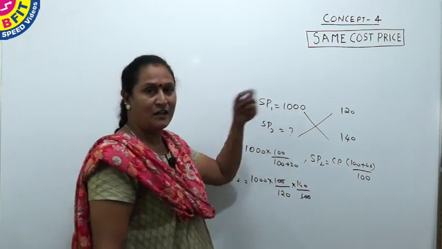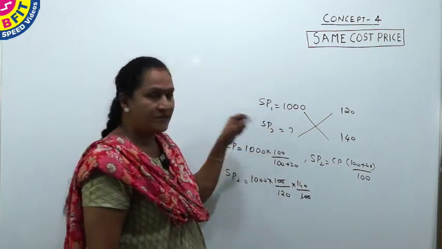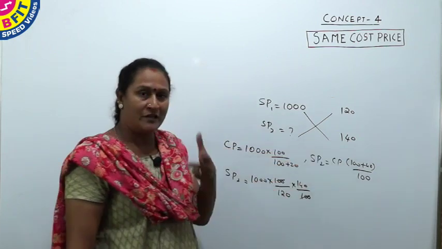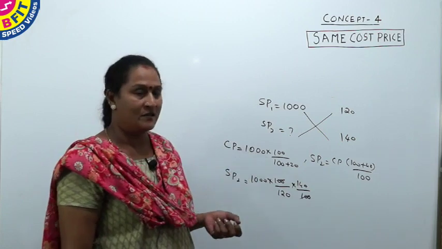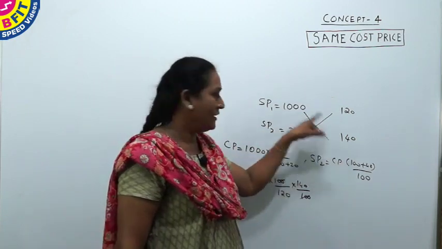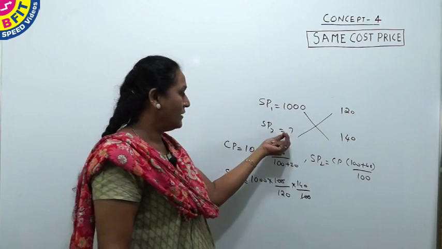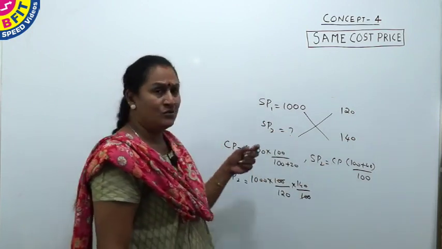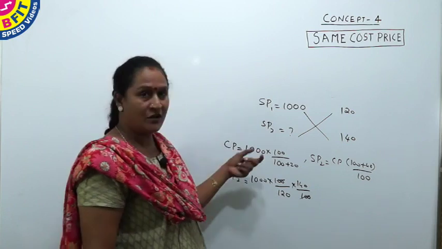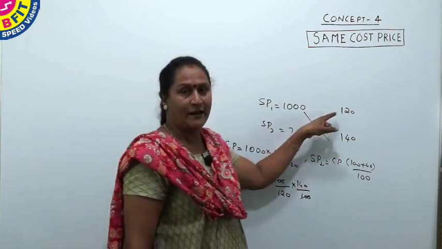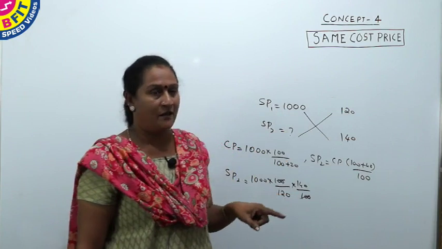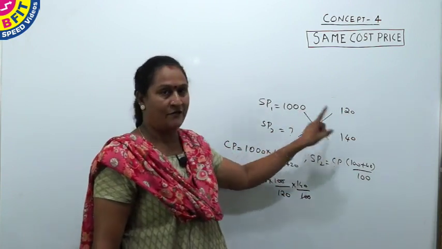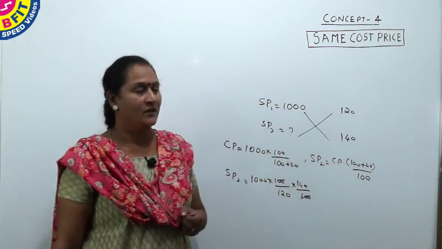So when one selling price is given and another selling price is asked for the required profit percent, don't waste your time finding all these cost prices. Just add the percent to 100, cross multiply, and you will get the other selling price. Remember, instead of finding the cost price, don't write 20 and 40 and cross multiply. It has to be added to 100, and this percent also added to 100, then cross multiply and work out.